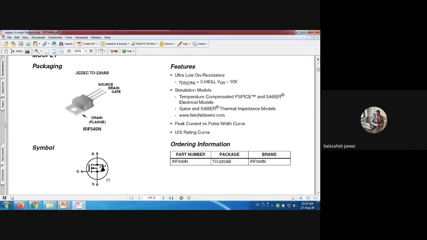Are you getting it? So while designing, we'll take that assignment also. We'll try to implement it using simulation software. You have to remember two things. Take that VGS, that means the pulse amplitude of whatever pulse we are going to apply as a gate drive to this MOSFET, IRF540N.